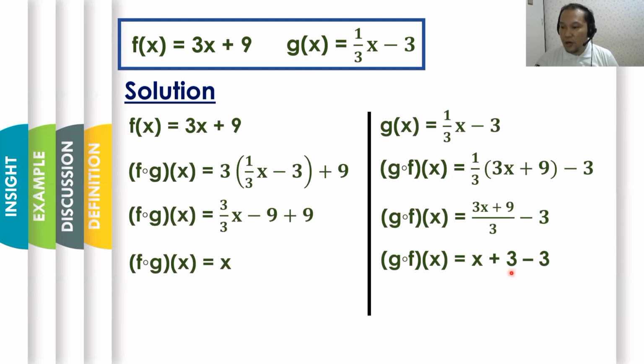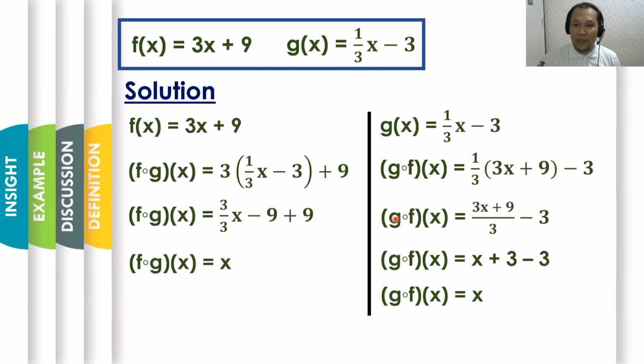But remember, when you get the sum of 3 and negative 3, or simply 3 minus 3, the answer will be 0. Plus x, the answer will become x.